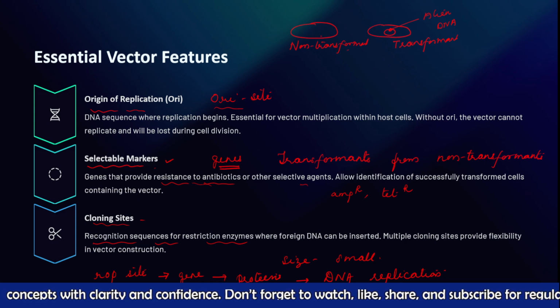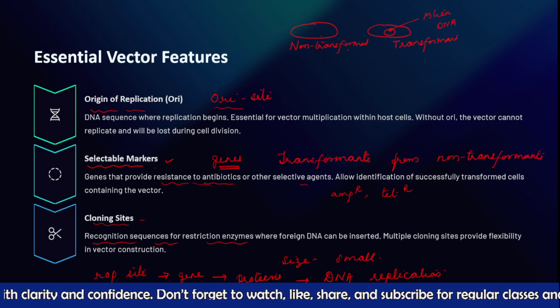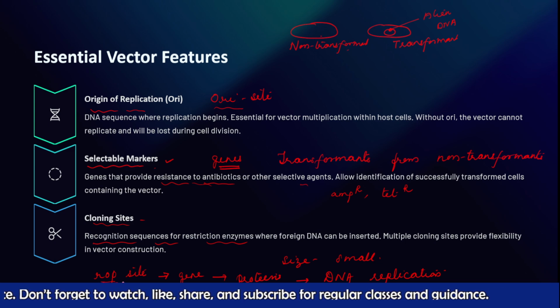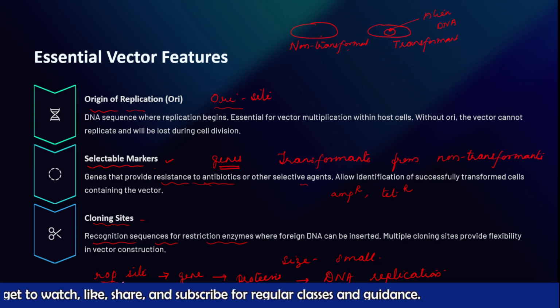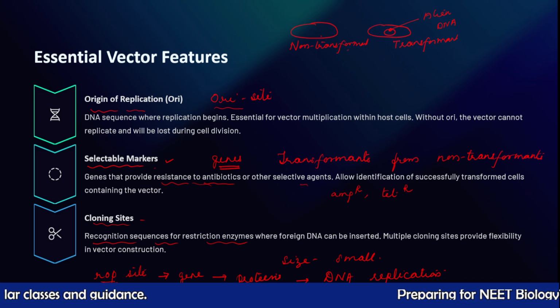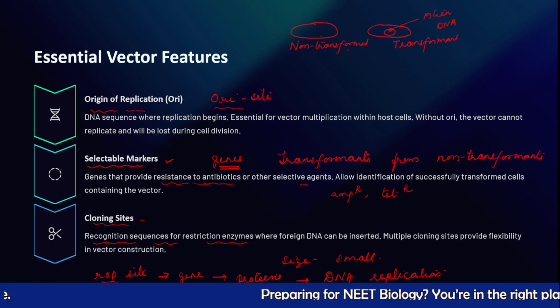For DNA replication, certain proteins and enzymes are required, produced from a specific site. So these are the fundamental or special features of vectors. Remember at least three features: ori site, a selectable marker and a cloning site.